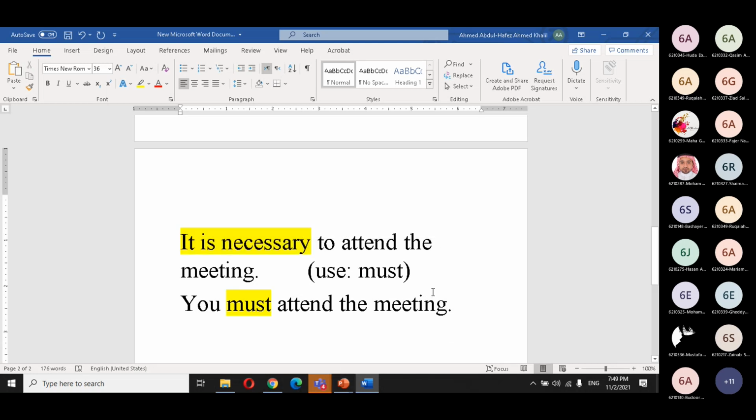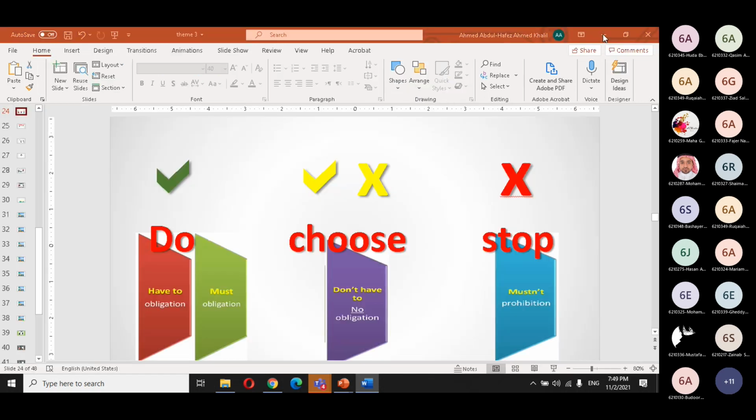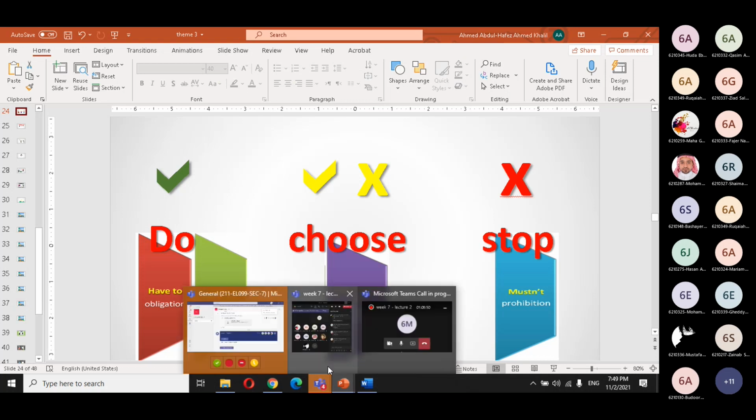So the two sentences give the same meaning. If you say you must attend the meeting, it means it is necessary to attend the meeting. They give the same meaning. Okay? So this is very important to learn.